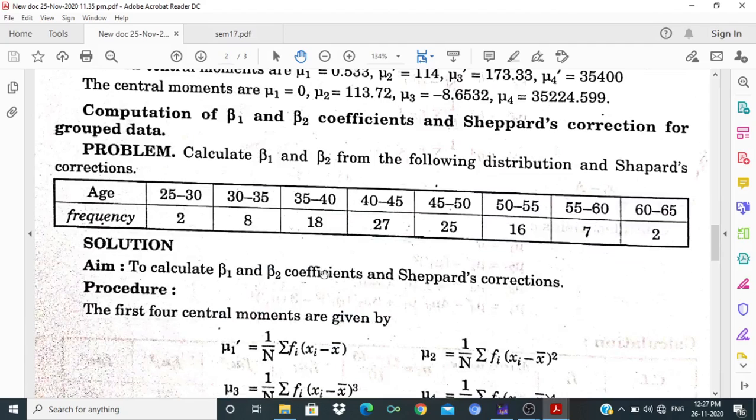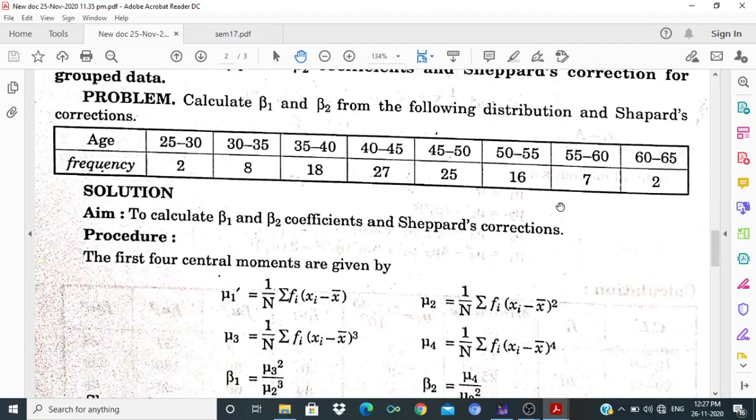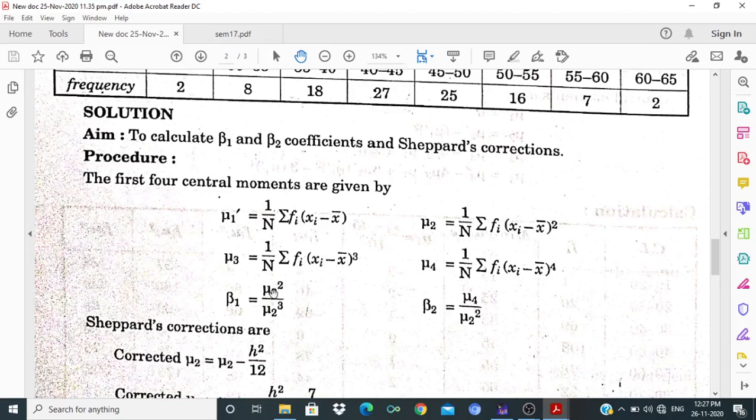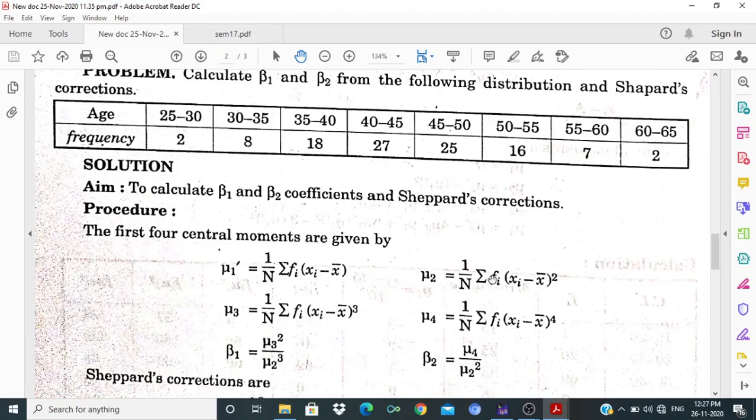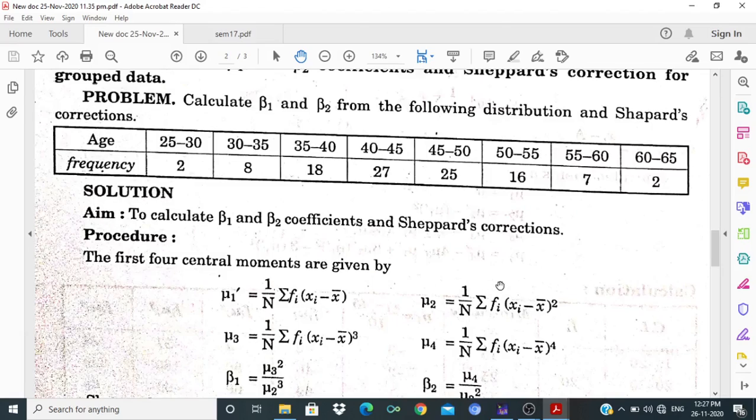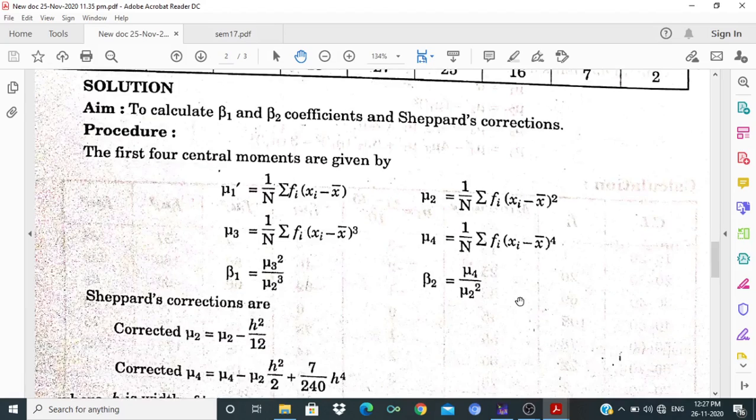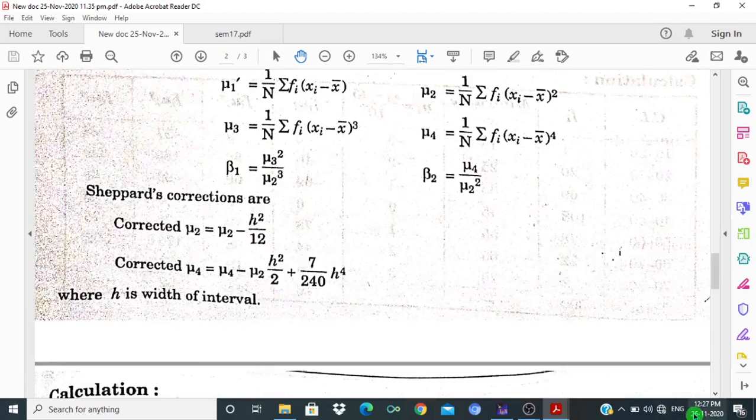Similarly, compute the beta 1, beta 2 coefficients and Sheppard correction for the grouped data. This is the data. These are the first 4 non-central and first 4 central moments. Here we use the direct method, without calculating raw moments. This is Sheppard correction.